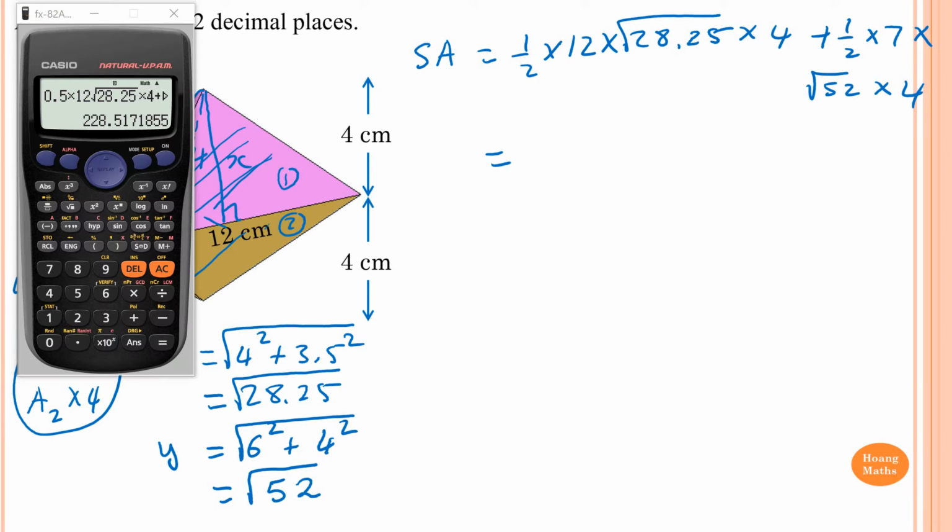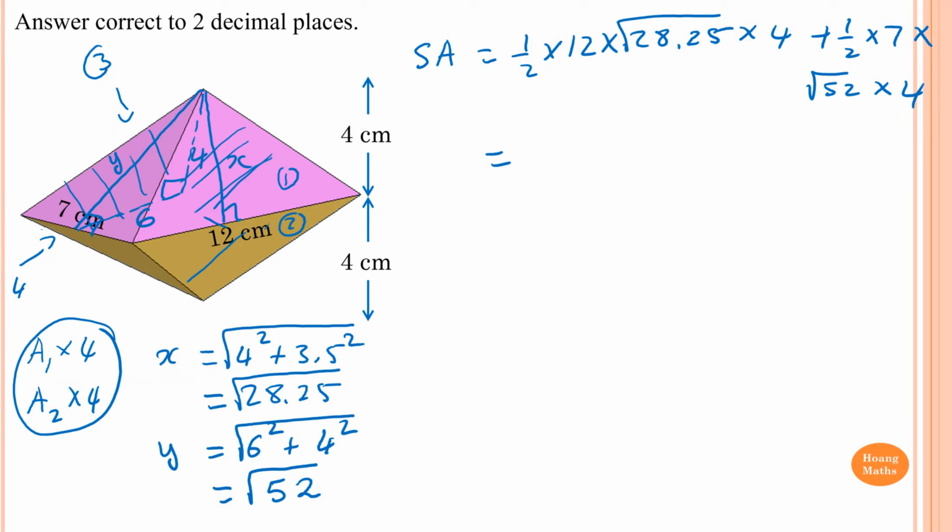So I put that in the calculator. As you can see, I get this: 228.517 and so on.